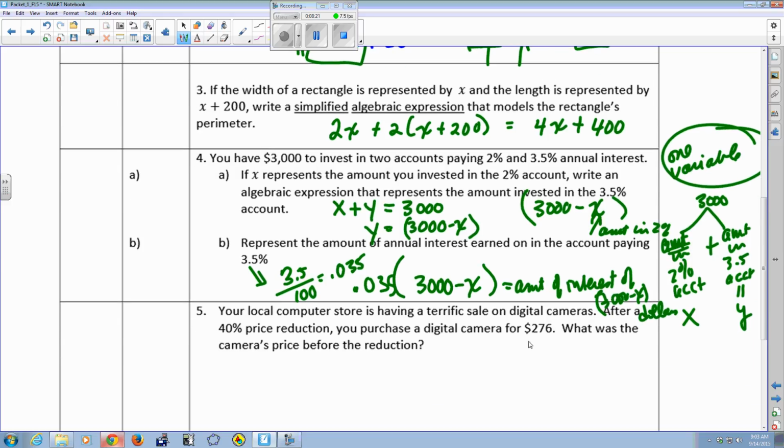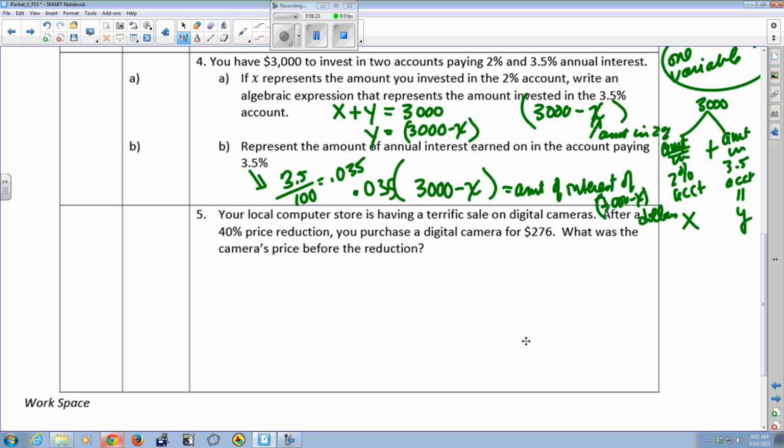Now, the last one, you'll see this in your book and in your homework. If I gave you this on a quiz or a test, I'd say solve the following problems by writing an equation and solving it. You'd have to represent the unknown quantities here, represent it as an equation, and then come up with your answers.